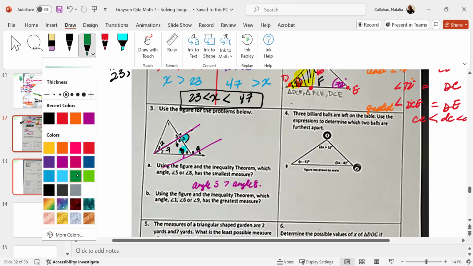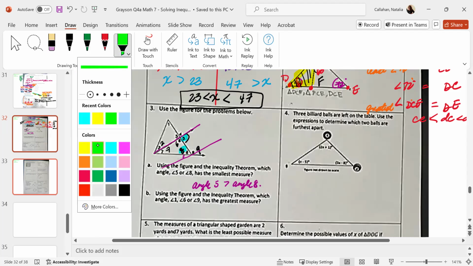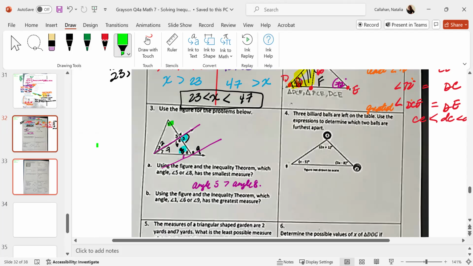Using the figure, which angle, 1, 6, or 9, has the greatest measure? And going back to the previous one, you could just say angle 8 has the smallest measure.